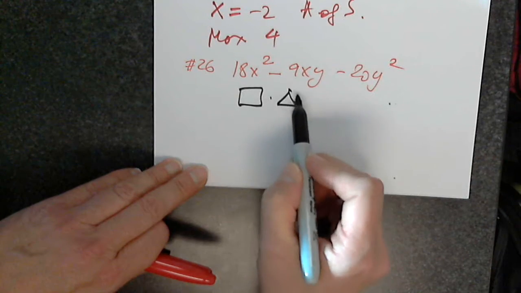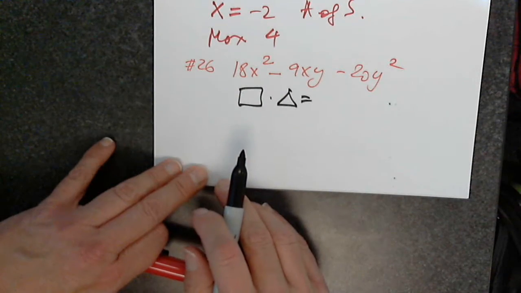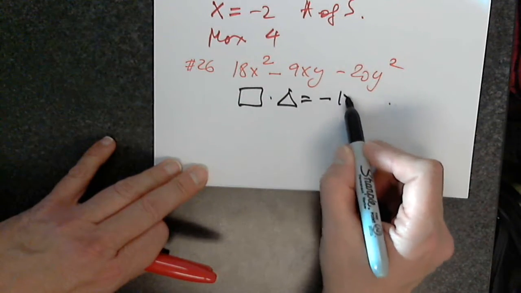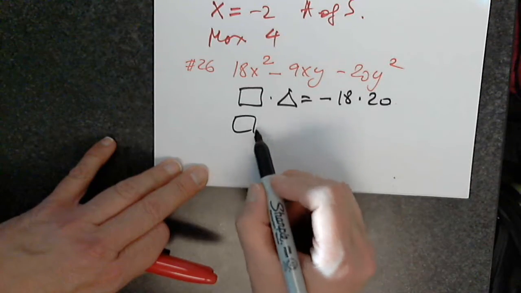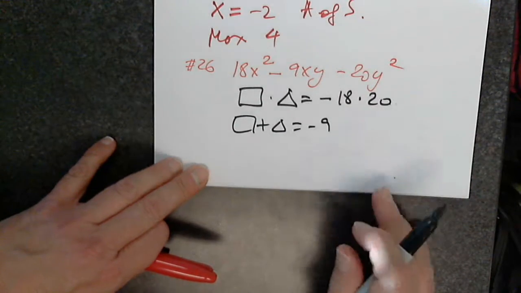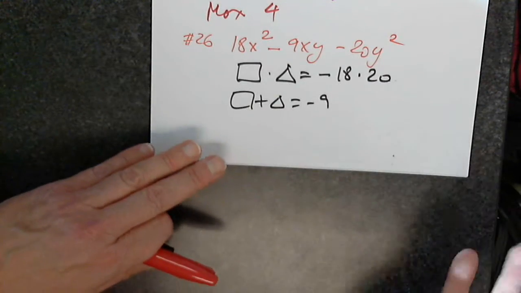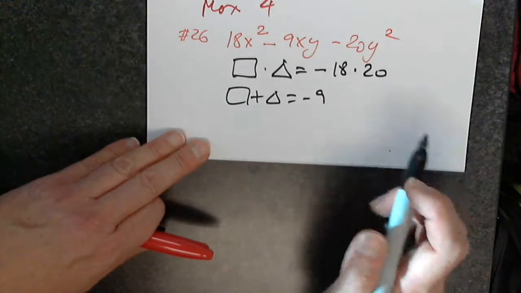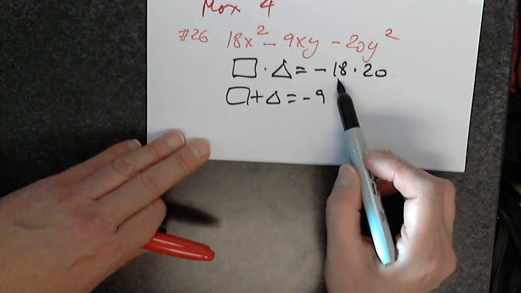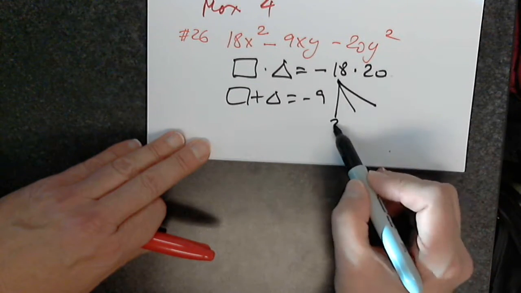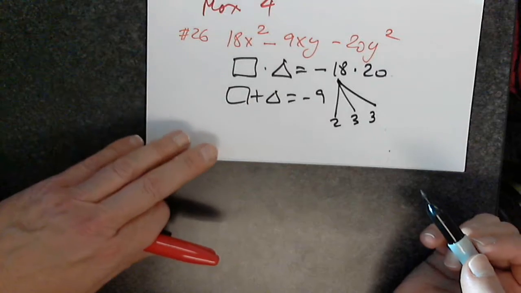So I multiply these two, but I really don't want to multiply them. I'd rather do this. And their sum is negative 9. Why am I doing this? Because I'm going to show the prime factorization of this product anyway. I know 18 is 2 times 3 times 3.